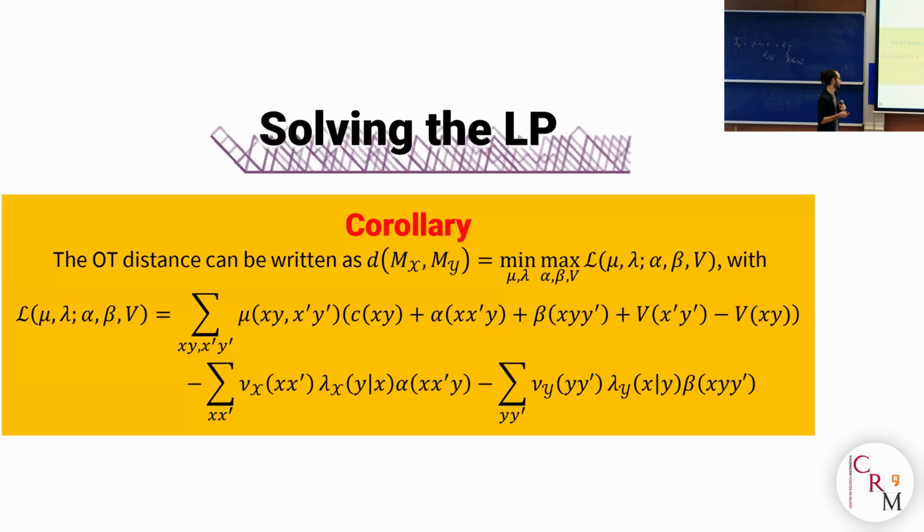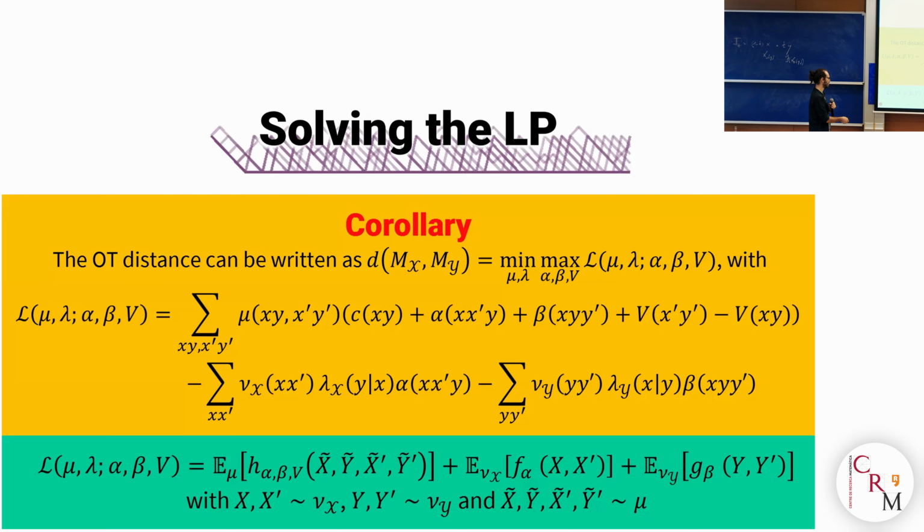If you just look at this, it looks like a horrible clutter of math. But what's nice about it, and why we were very happy to eventually find this, is that if you inspect this Lagrangian closely enough, it can be written as an expectation of the sum of three terms. The first is an expectation under mu of some function of alpha, beta, and v, of these samples that are drawn from mu.